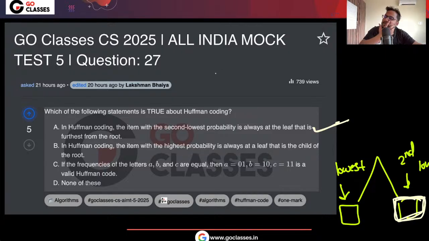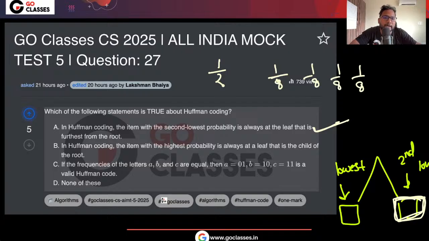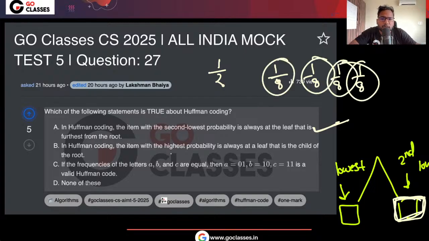Let's suppose there is some item with the highest probability, let's suppose 1 by 2, right? And let's suppose there are many items, 1 by 8, 1 by 8, 1 by 8. You will first start taking the items which have the lower probability, right? And what they're saying is that the highest probability is always at the leaf that is the child of the root node. Okay, so will you be taking it just at the last? Need not be, right?